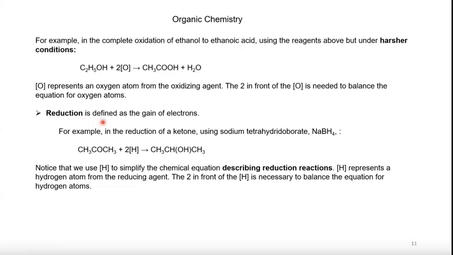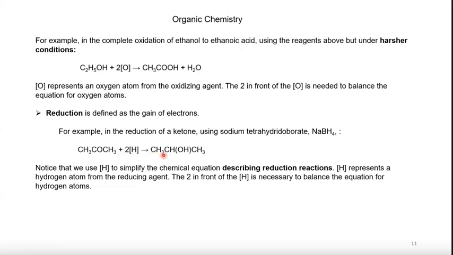Reduction is defined as the gain of electrons. Let's talk about what it is. It's a ketone, and we reduce the ketone using a reducing agent, sodium borohydride, symbolized by H, right?